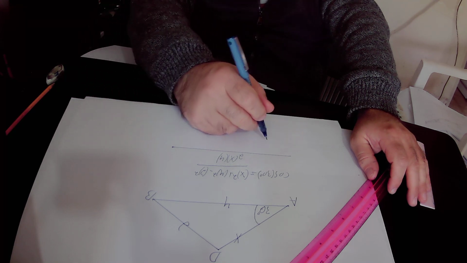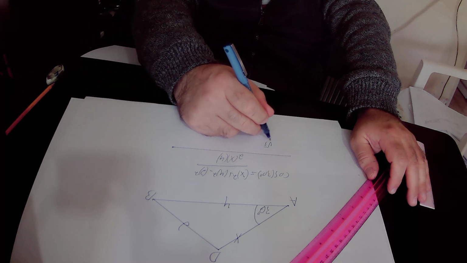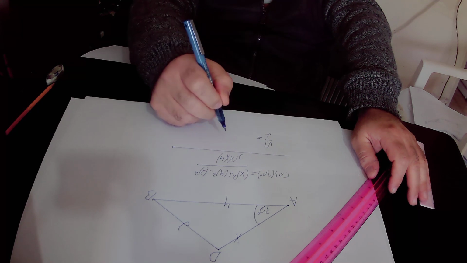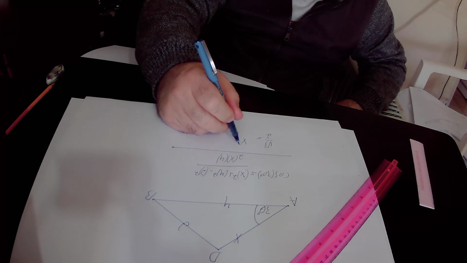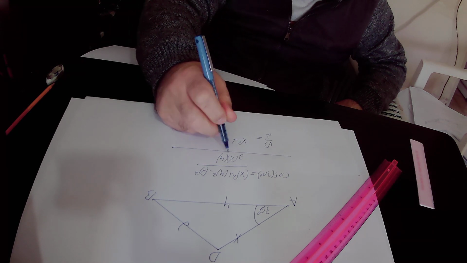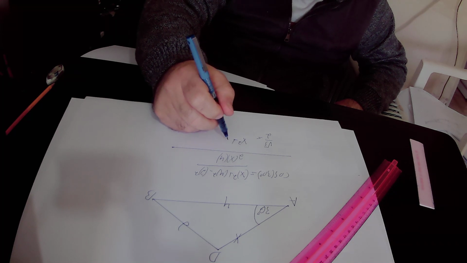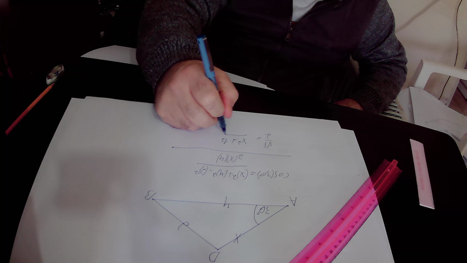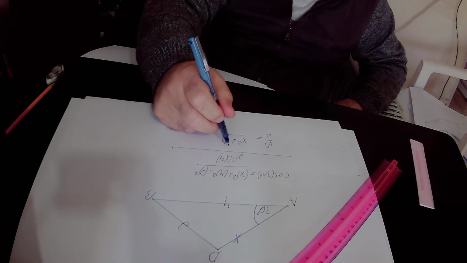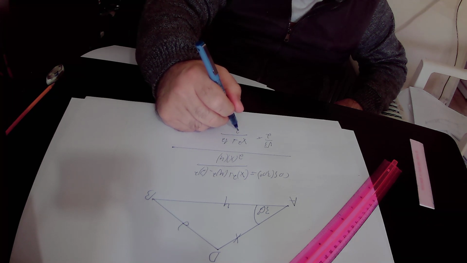Cosine 30 degrees is square root of 3 over 2, and it equals x squared plus 16 minus 4, which is 12, over 2 times 4 is 8, 8 times x is 8x.